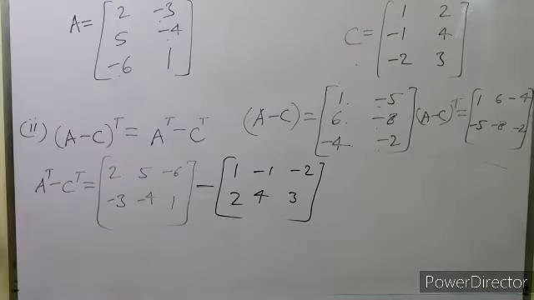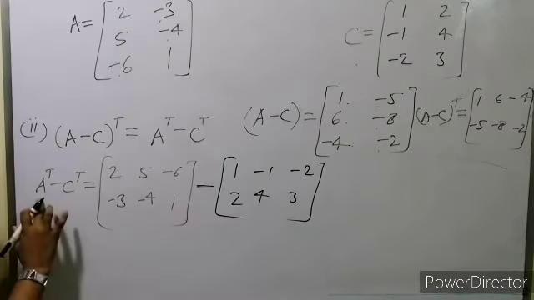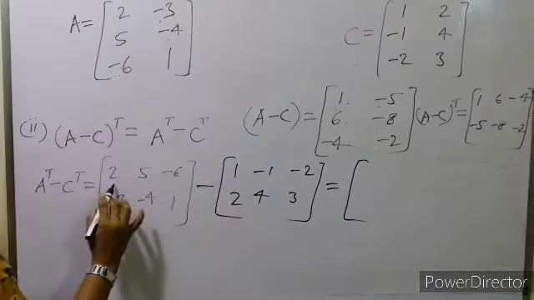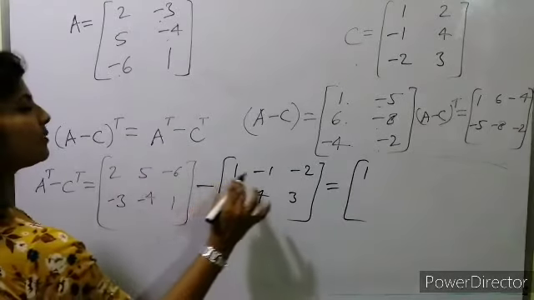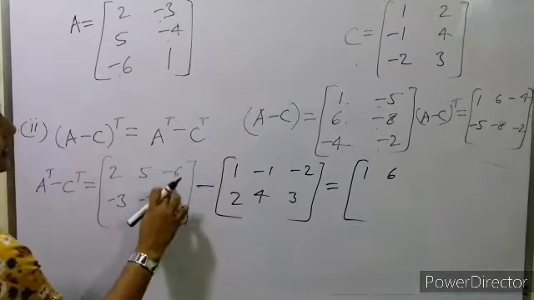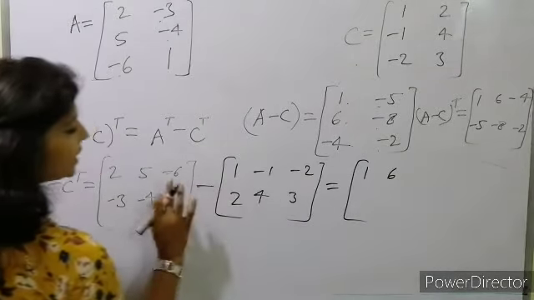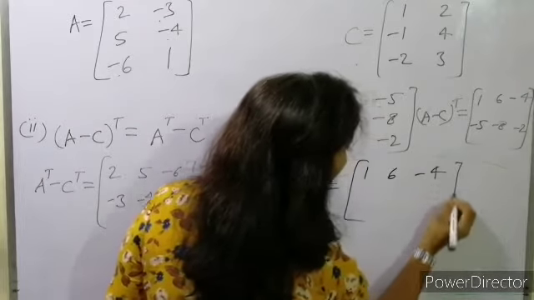Now we'll find out the difference A transpose minus C transpose. 2 minus 1 is 1, 5 minus minus 1 is 5 plus 1, 6, minus 6 minus minus 2 is minus 6 plus 2, which is minus 4.